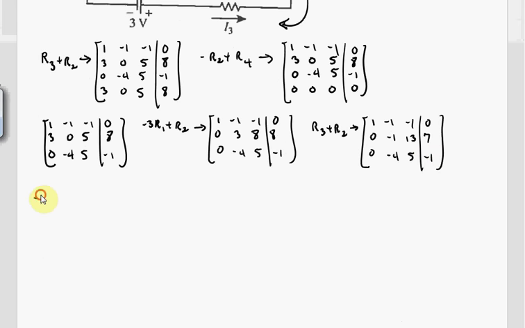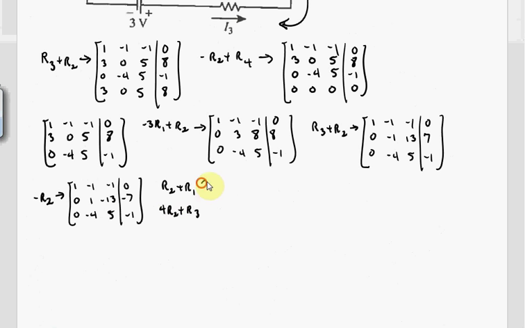All right, so negate row 2. So now we add row 2 to row 1. And then 4 times row 2 plus row 3.